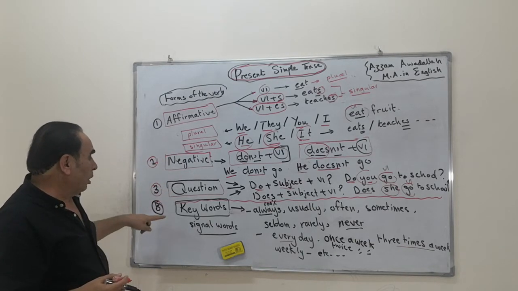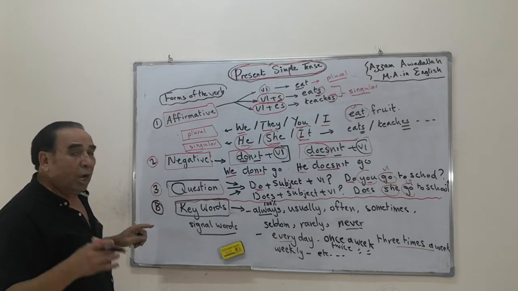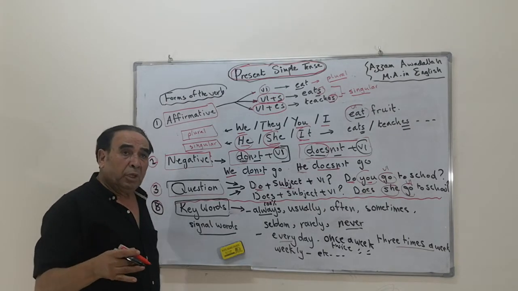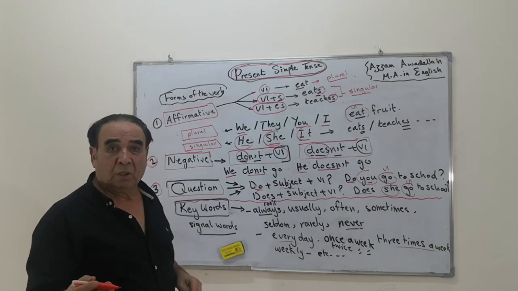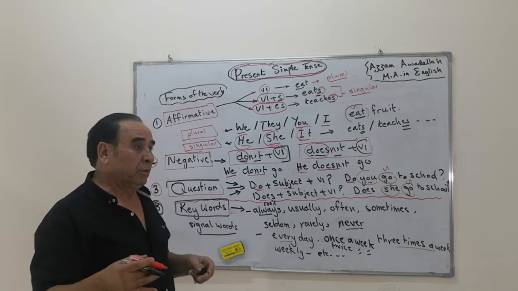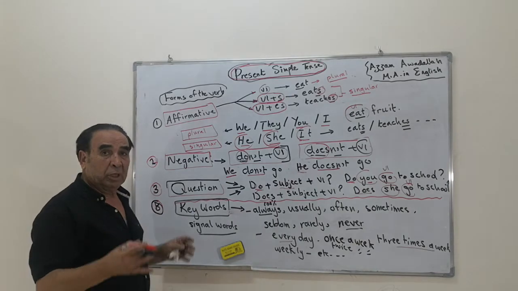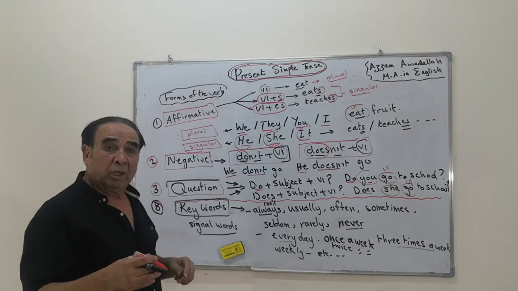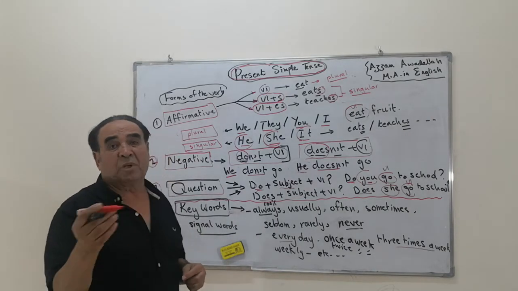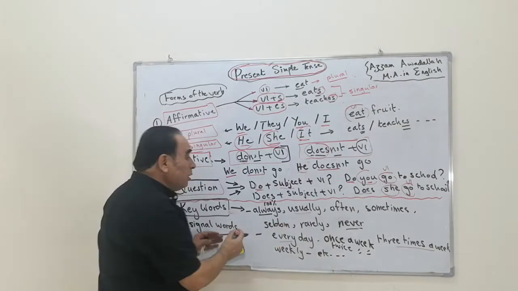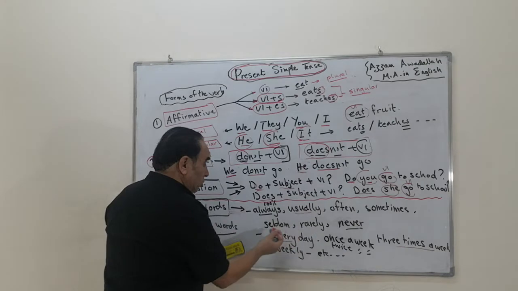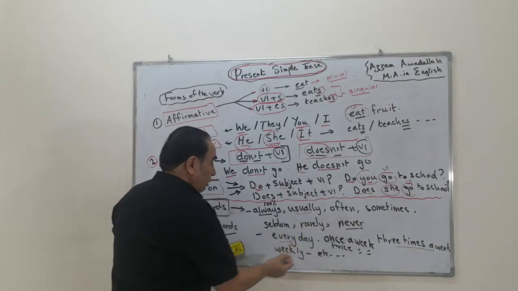Good. What about the keywords? How do we know that we are going to use the present simple? When do we use the present simple? There are keywords in English that help us to use it. We have always, usually, often, sometimes, seldom, rarely, never.